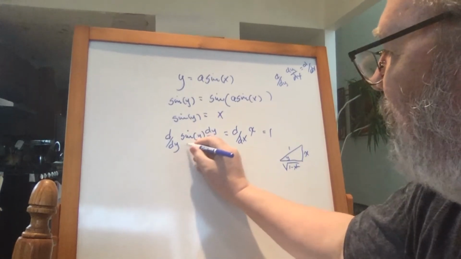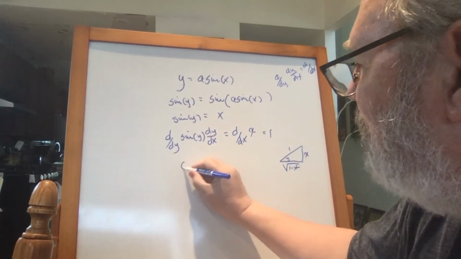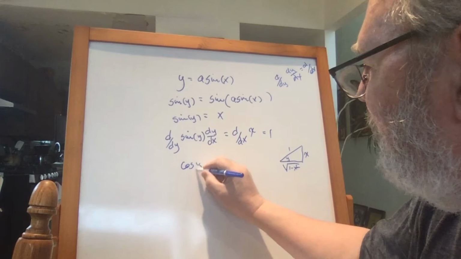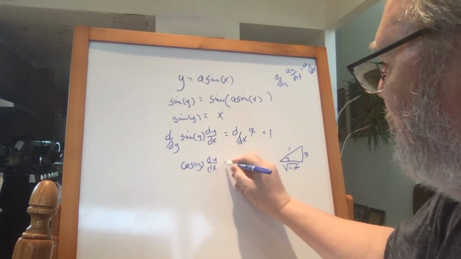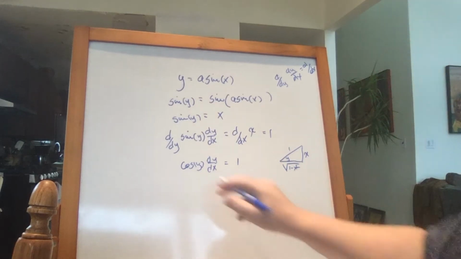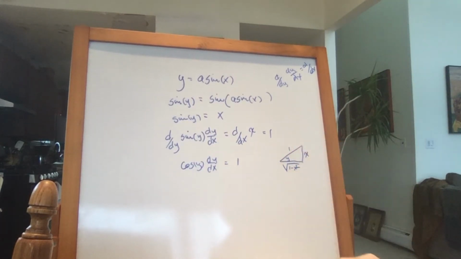So d dy of sine of y is cosine of y, dy dx equals 1. But the cosine of y is the square root of 1 minus x squared over 1.